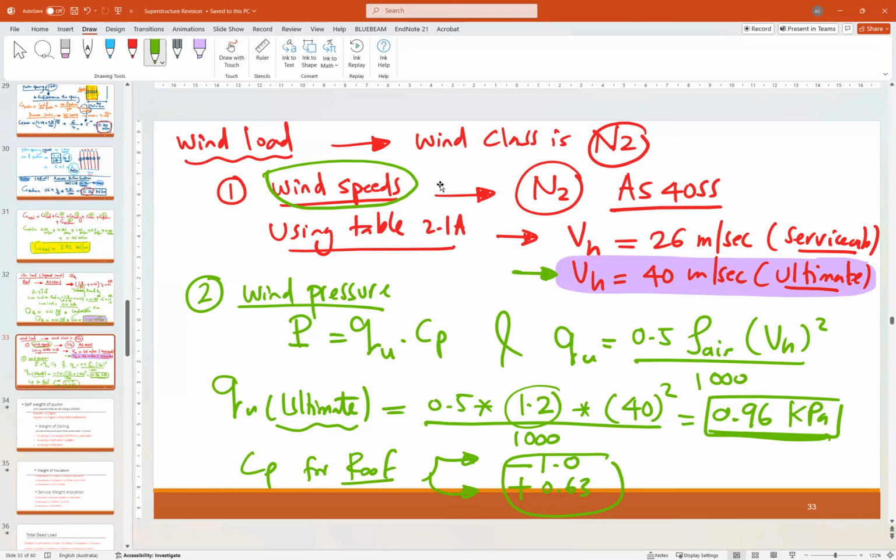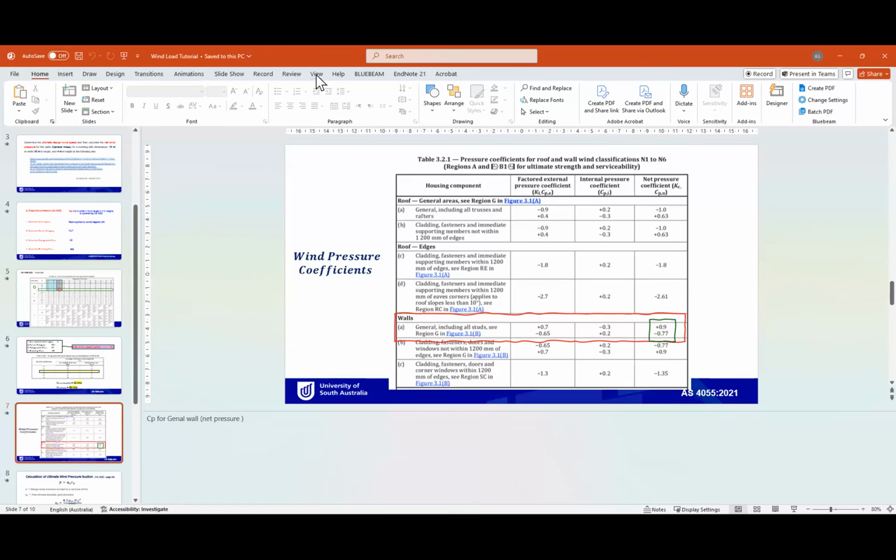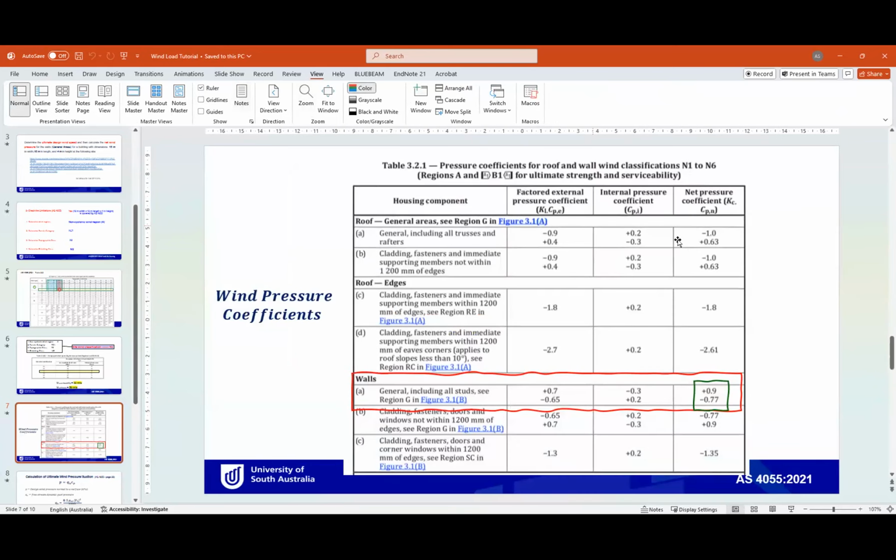If we return back to the slides, the other slides, the beam, the column, and the example of wind. So these are the wind coefficients CB. As you know, we are working on the net pressure for general area. So we are designing a rafter. So the factors are these two here.